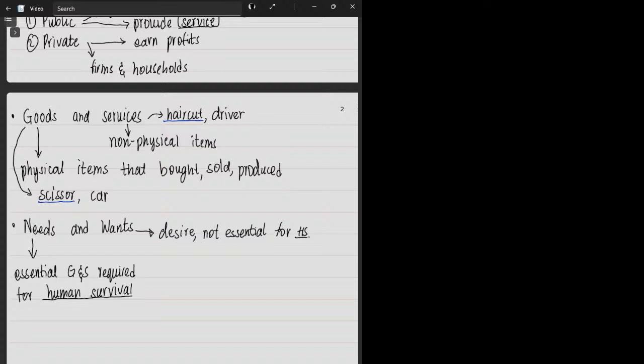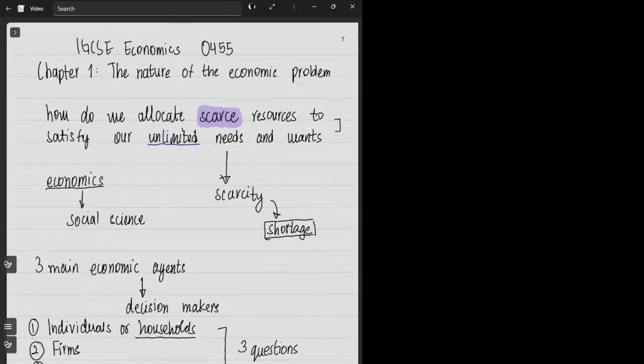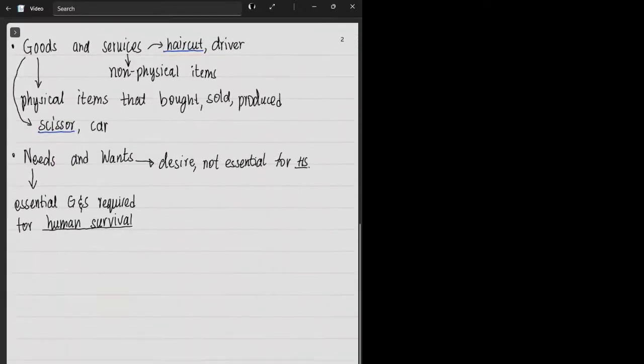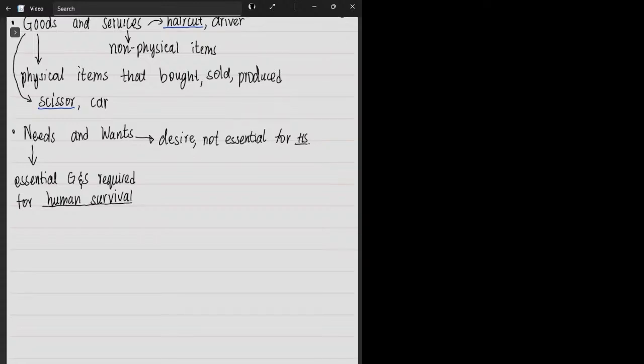For chapter one, this is the last thing that we'll be looking at. Then we'll move on to chapter two. So then we have economic goods and free goods. Okay, they usually bring MCQs on this, so be careful here.